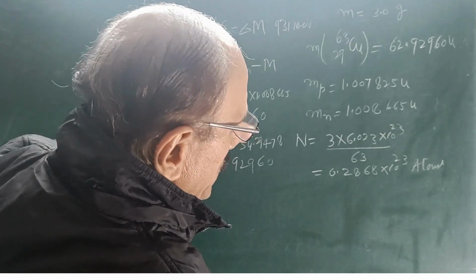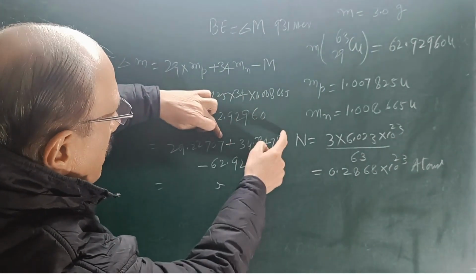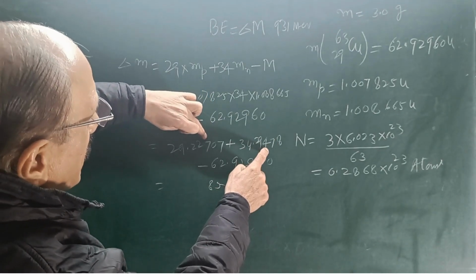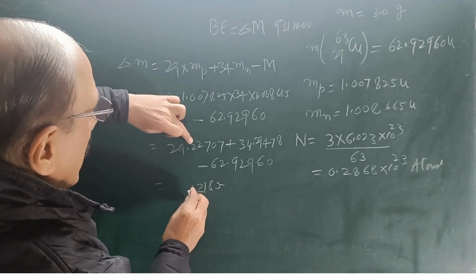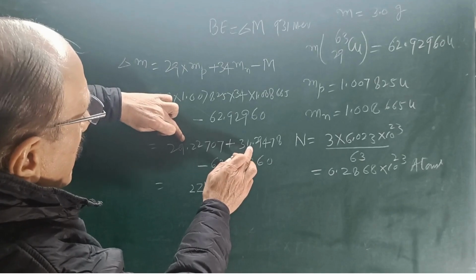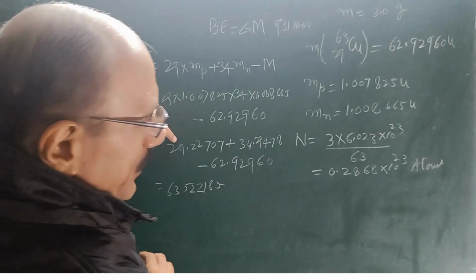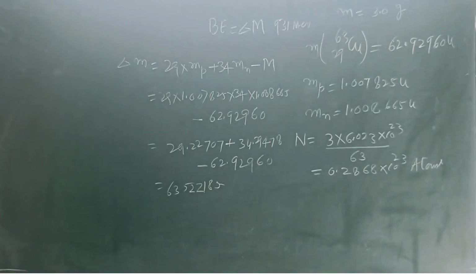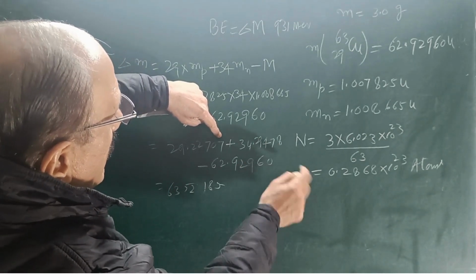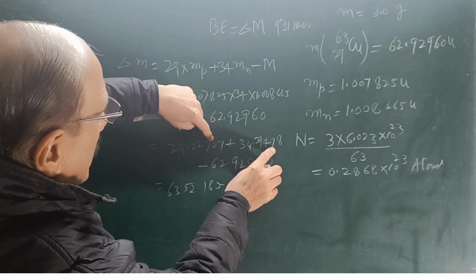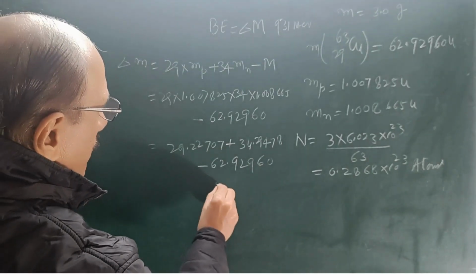After adding these two, we get 7 plus 8, 15, 5 and remainder 1.